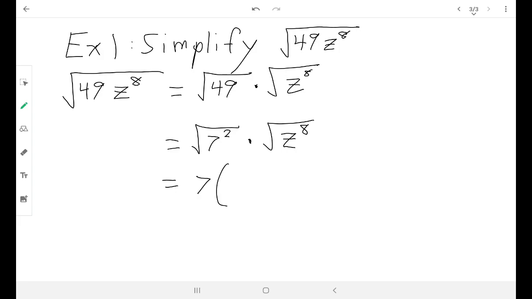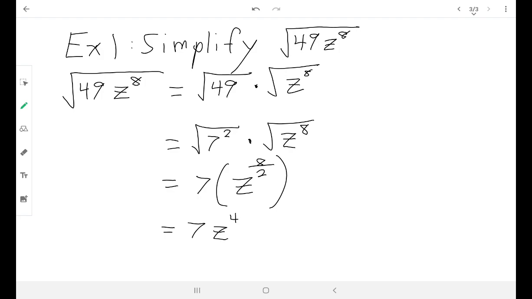Then I want to look at this, the square root of z to the 8th. Now that could be called z to the 8 over 2, because roots are fractional powers, and the square root means it's over 2. So that's 7, and z to the 8 over 2, that's 8 divided by 2, which is just 4.